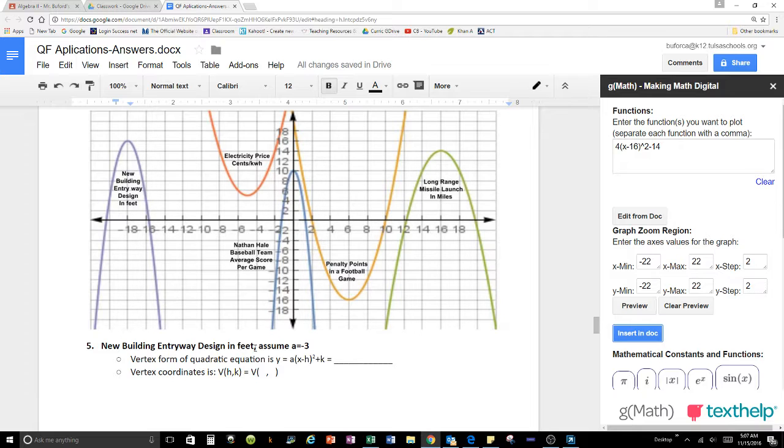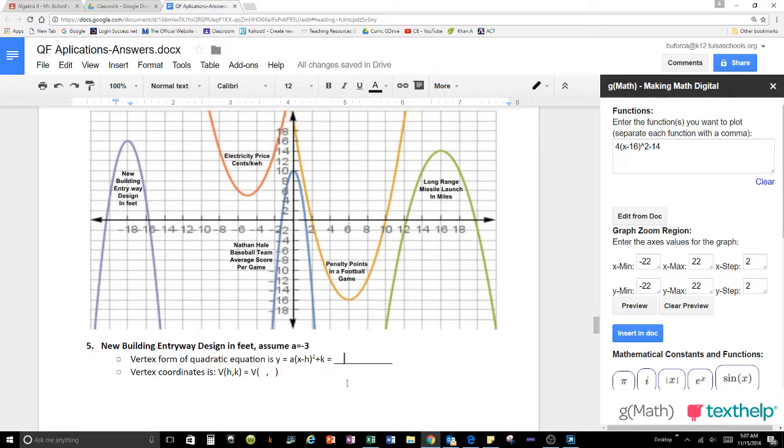Okay, so we'll come down here, new building entry design, and we have that our a is minus 3, so that lets us know that we're going to have a parabola that opens downward, and the vertex here is going to be a maximum because it's at the top of the parabola. But let's go ahead and enter our values.